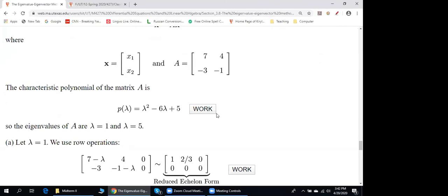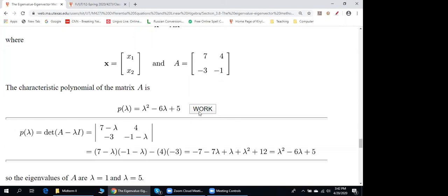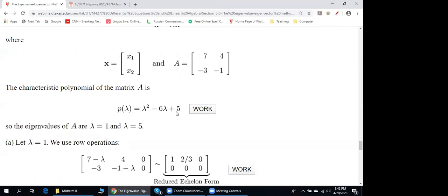Next, we find the characteristic polynomial. We subtract lambda from the main diagonal, expand this determinant, expand all parentheses, and collect like terms. Here is the polynomial, and it is easy to find its roots. Lambda is 1, lambda is 5.